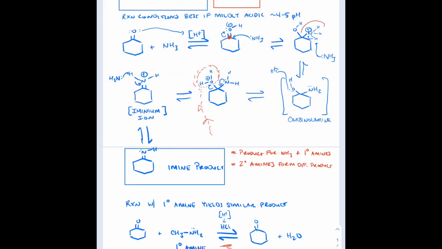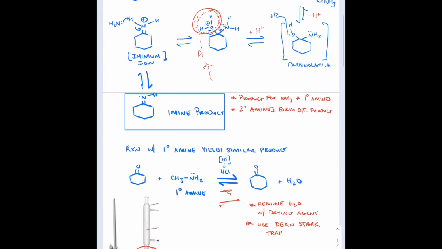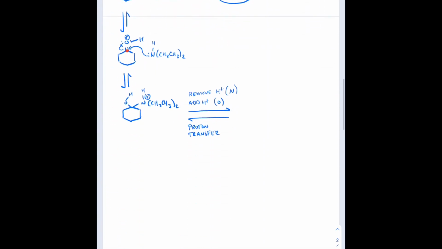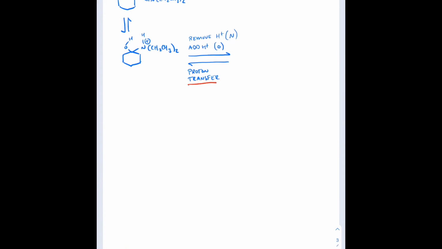And so if we look at our generic mechanism above, we'll see the actual steps that I'm talking about. We have this positively charged ammonium circled in red, and we're going to remove that proton, and then we get this carbinolamine, and then we add a proton to the OH, giving us that water leaving group. And so again, those steps right there are going to be abbreviated as a proton transfer.